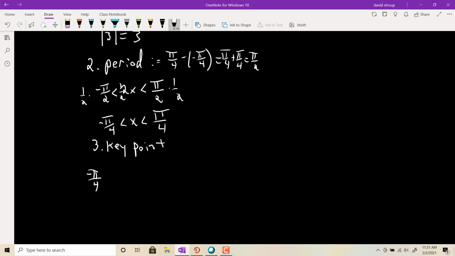-pi/4 plus the period divided by, what did we say, 4, right? So the formula is always the beginning plus period divided by 4.